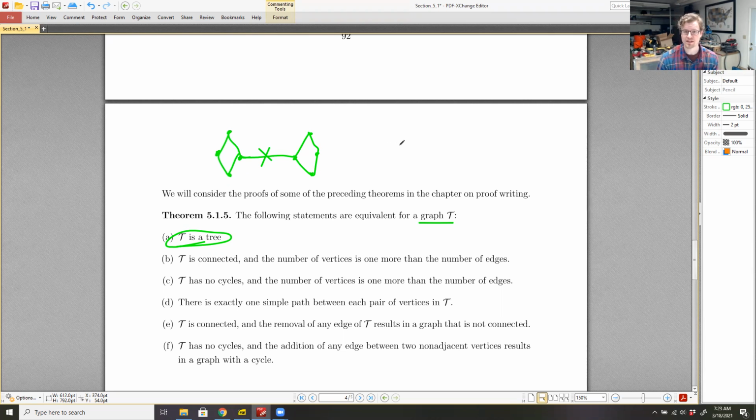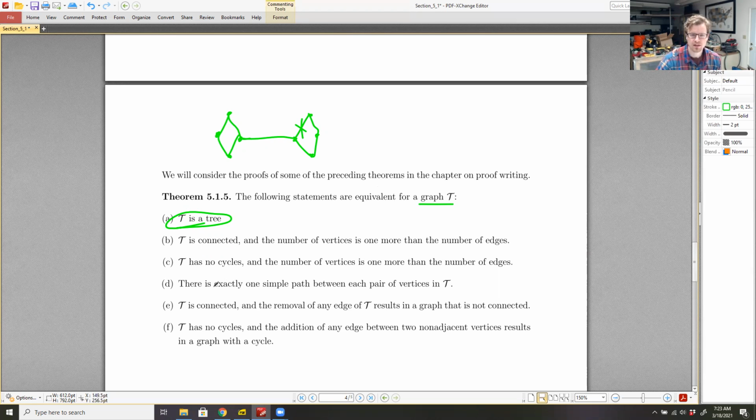Of course, this one is not. But if I were to, for example, remove this edge, it would not be disconnected. So being able to remove one doesn't give us that it's a tree. We have to be able to remove any edge and have it be disconnected. All right, so any edge.